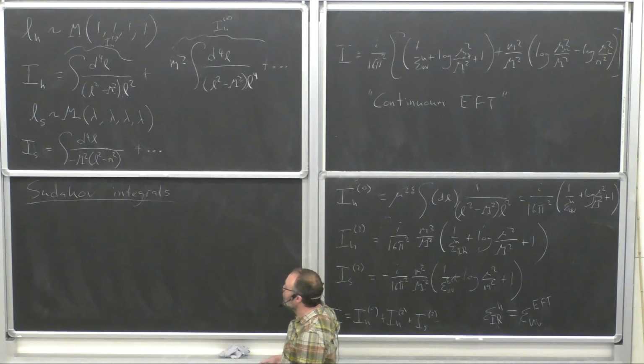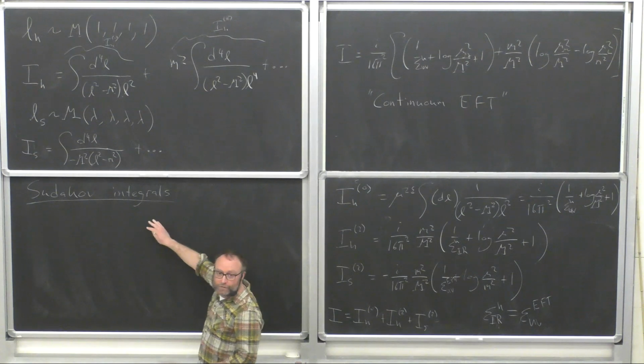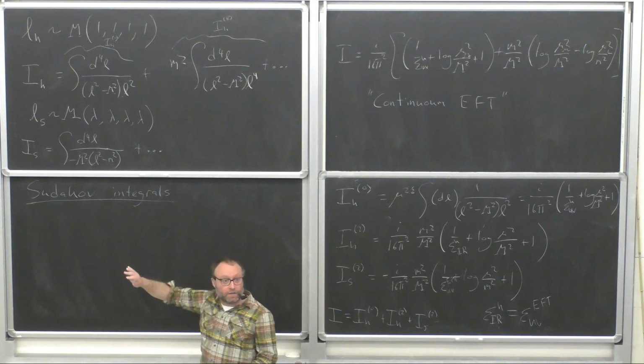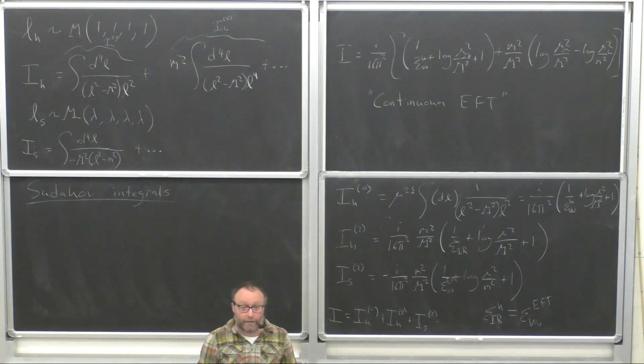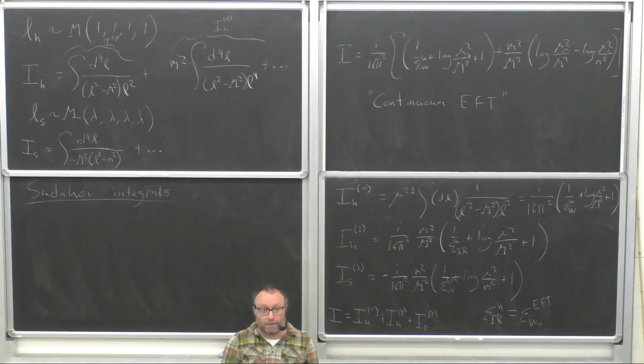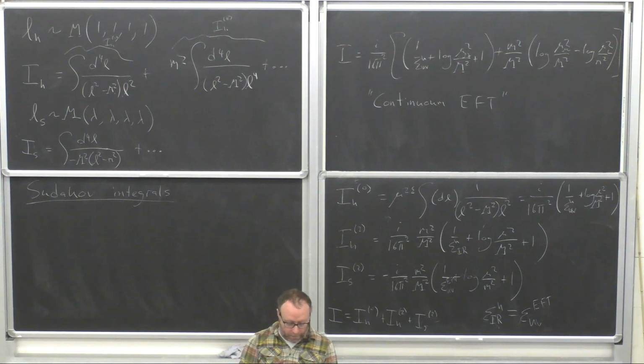Famously, you can do the method of regions for so-called Sudakov integrals, which give double logs associated with IR divergences that you probably saw at least in passing for QED. You have soft and collinear divergences in QED, and they manifest as double logarithms that appear at subleading order in the loop expansion.